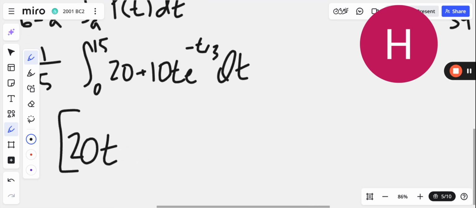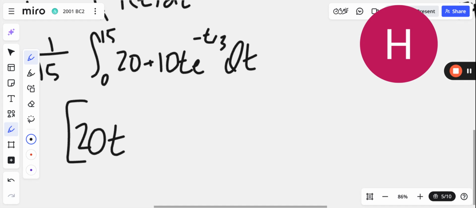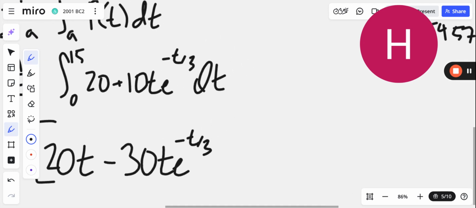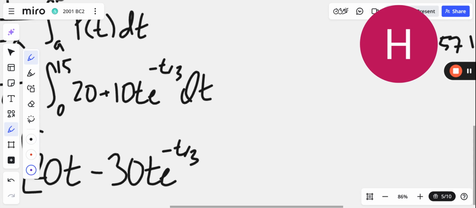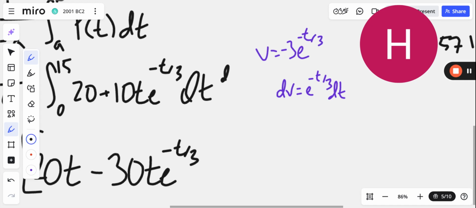So this would be 20t, I believe something like, minus 30t e to the negative t over 3. And then my v is going to be negative 3 e to the negative t over 3, and my du is 10.